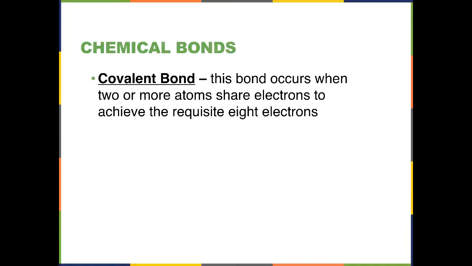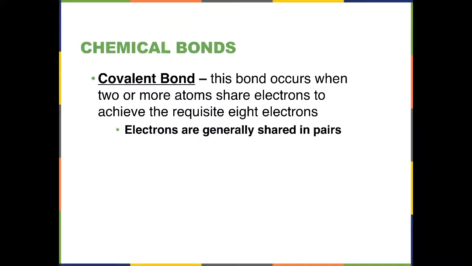In this case, 2 or more electrons are shared in such a way as to get the requisite 8 electrons to fulfill the rule of octet. So what that means is that 2 or more atoms come together, and they will share electrons with each other so that each of those atoms at one time or another has 8 electrons in its outer shell.